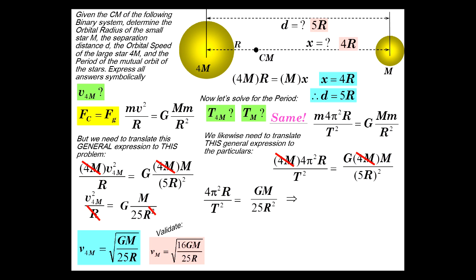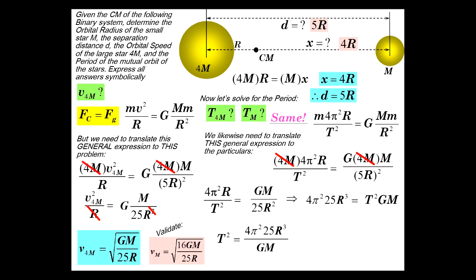So 4 pi squared times 25r squared times r, 25r cubed, equals T squared times GM. Okay, we're ready to solve for T squared, which is 4 pi squared 25r cubed over GM.